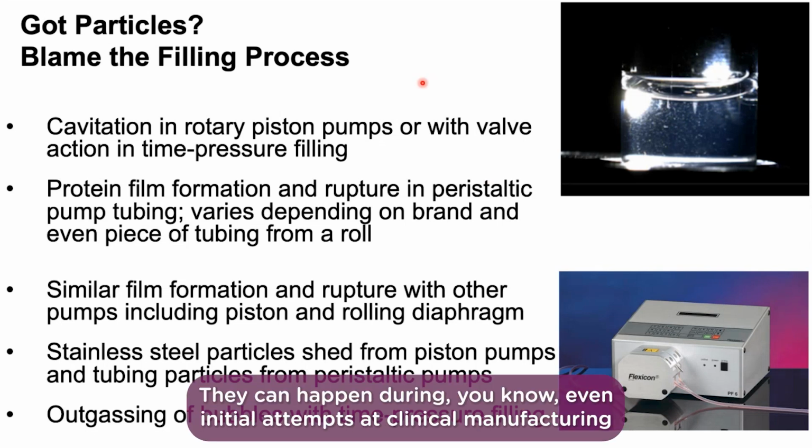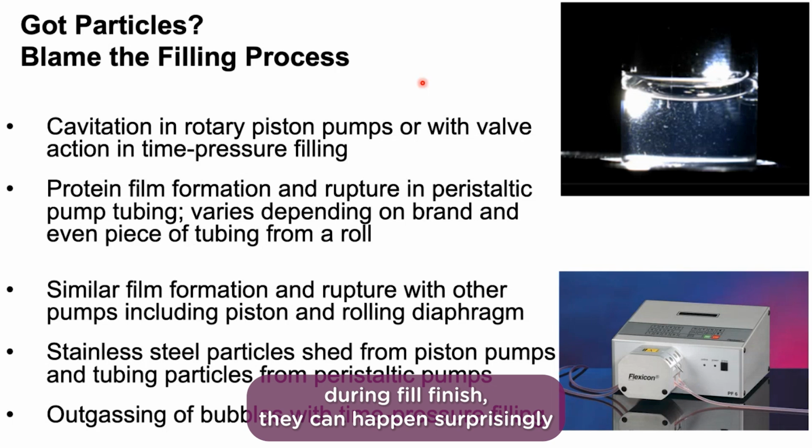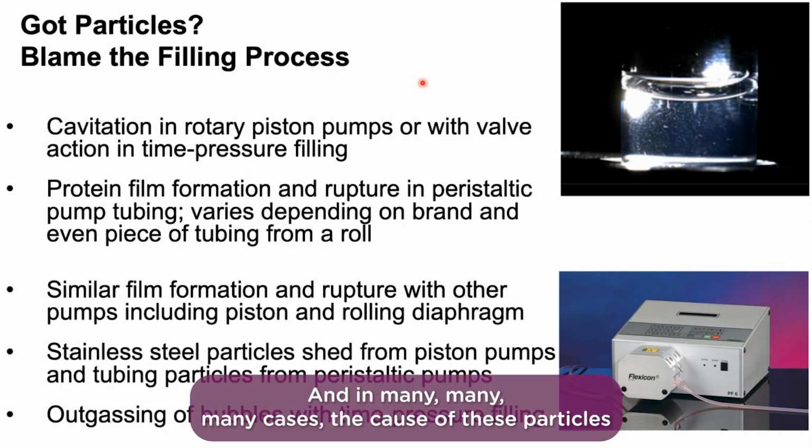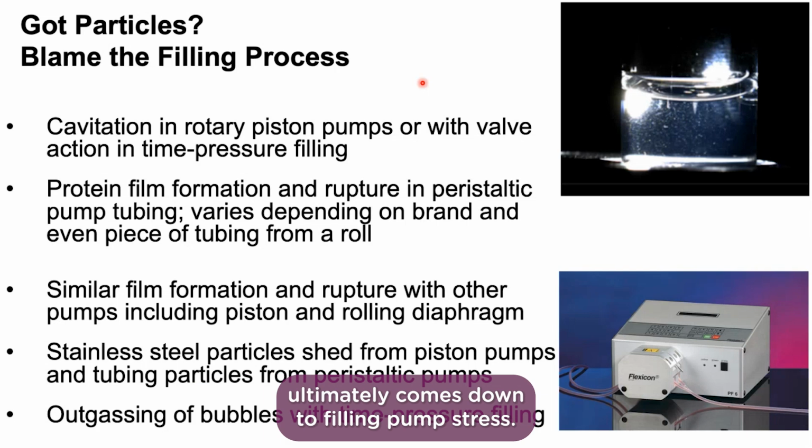They can happen even during initial attempts at clinical manufacturing during fill finish. They can happen surprisingly in a well-established product that never had a problem before. And in many, many cases, the cause of these particles ultimately comes down to filling pump stress.